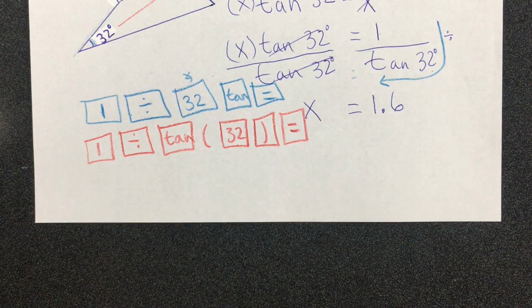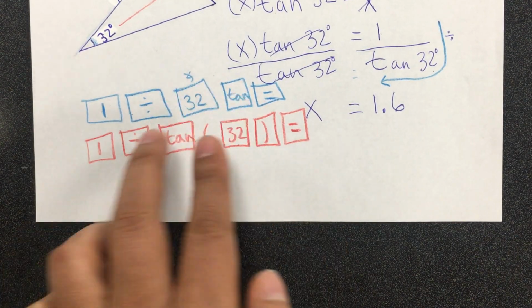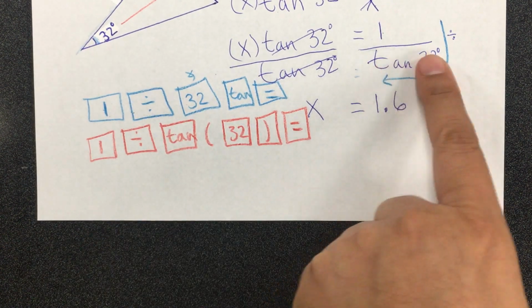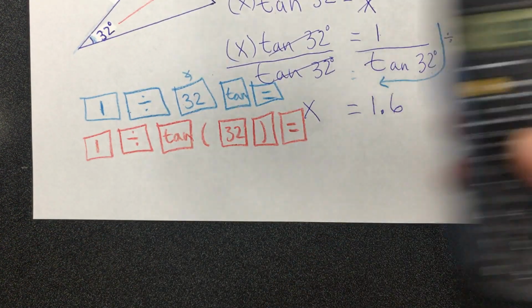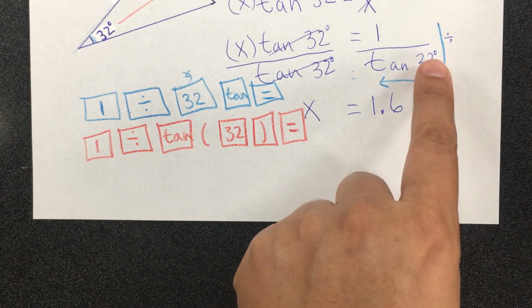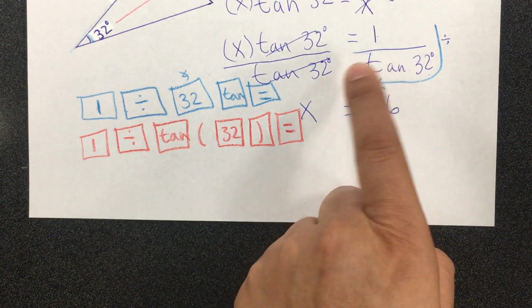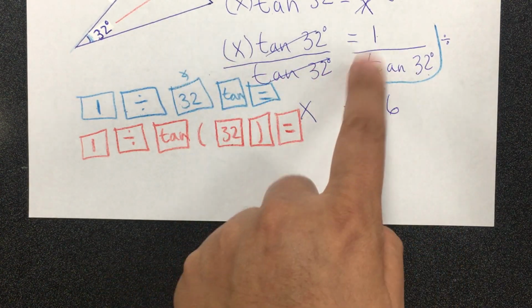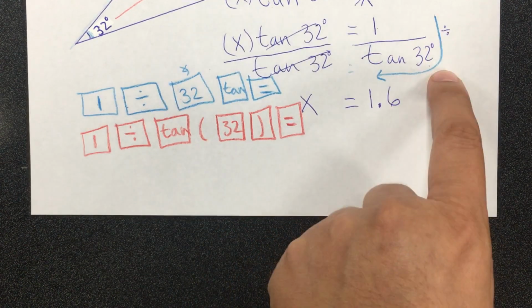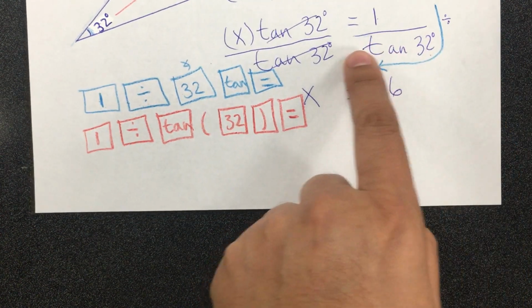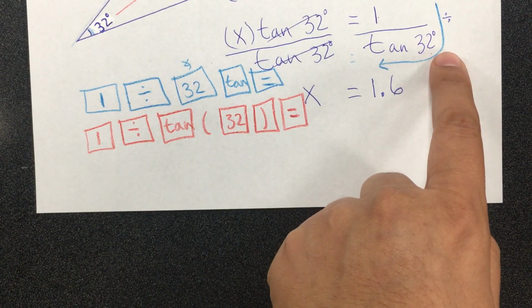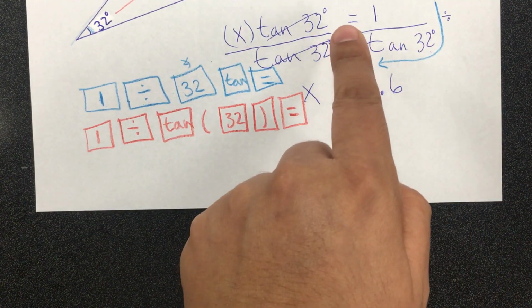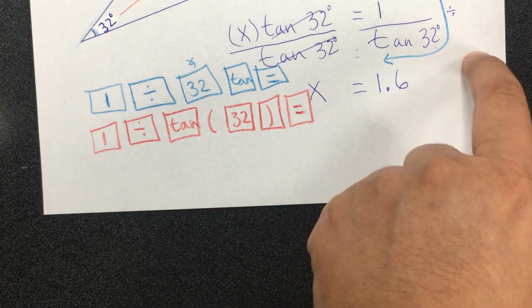Okay, so again, the only steps that are backwards are this part right here. For the tiny calculator, first the angle, then tangent, then equal. For the other calculator, first tangent, then 32, then parentheses, then equal. Okay, so in one is from right to left, on the big one is from left to right, close parentheses and equal.